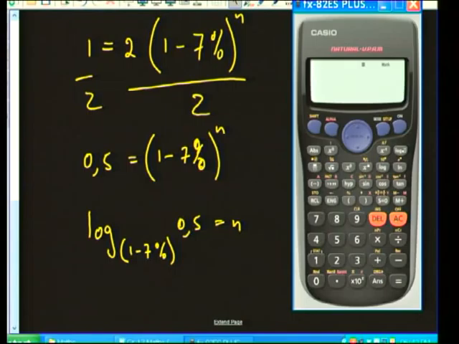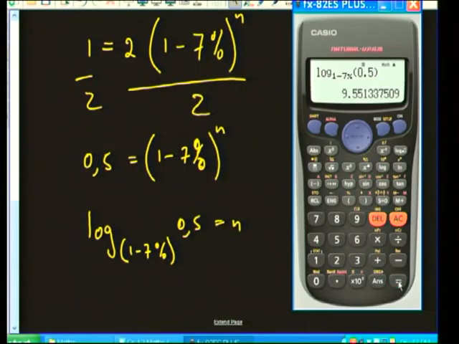Let's pop up our calculator and do that. I call this the log big building, little building. And it really is an amazing function on the Casio calculator. So we'll have 1 minus 7.5%, and we're going to say of 0.5.